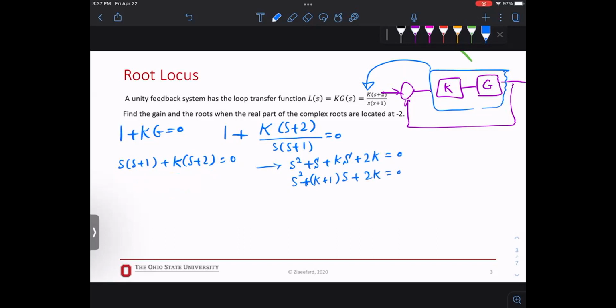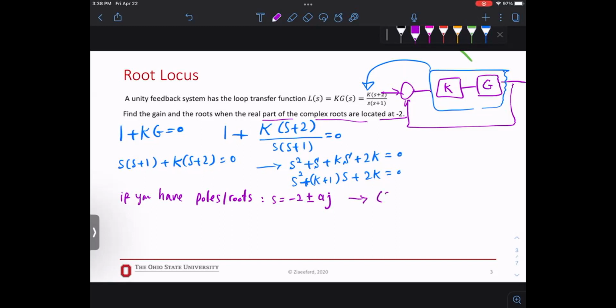So this is the characteristic equation of this system, right? Now, if you have poles, roots, that are complex and the real part is at -2, they're going to look like this: -2 plus minus, let's say, a times j, right?